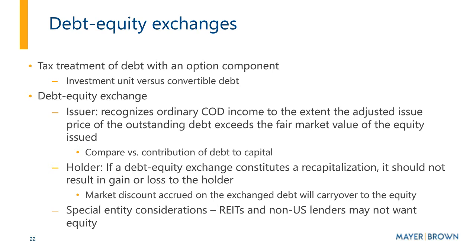There's a separate rule. You see there the bullet says compare that against the contribution of debt to capital. There's a specific rule in the statute that says if you contribute debt to the capital without getting new stock, then the debt is treated as being satisfied by, I think it's the adjusted issue price of the debt in the hands of the creditor. So if the creditor bought it at par, even though it's worth a lot less, if you contribute it to capital, you might avoid COD income altogether.